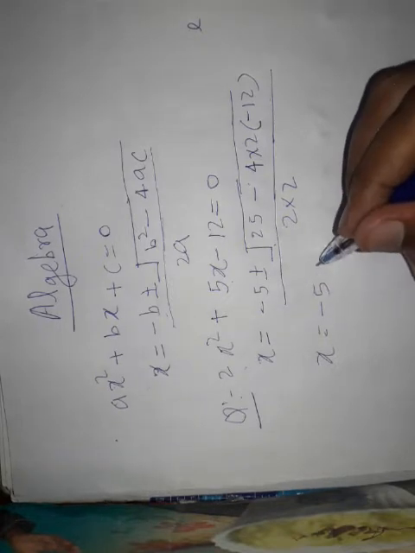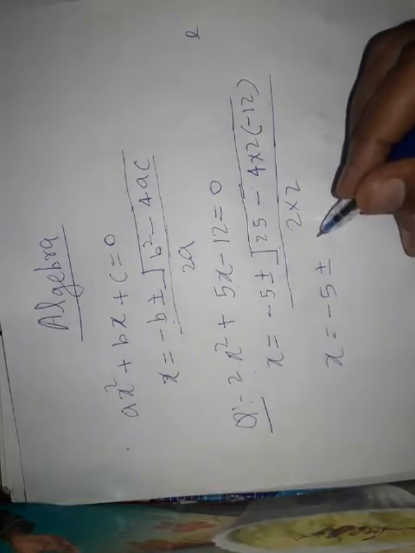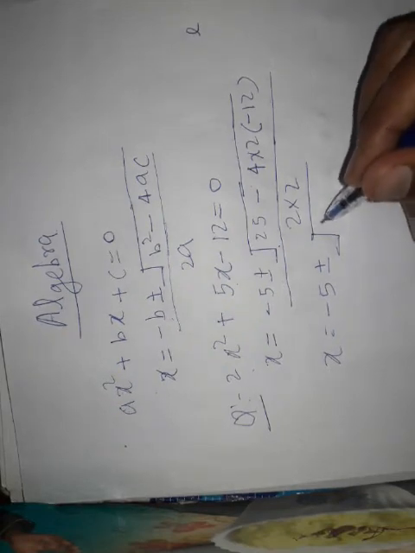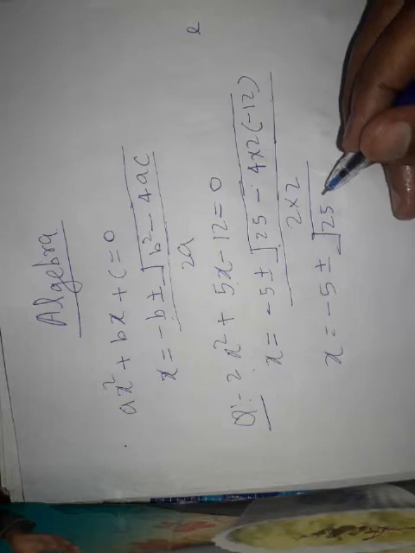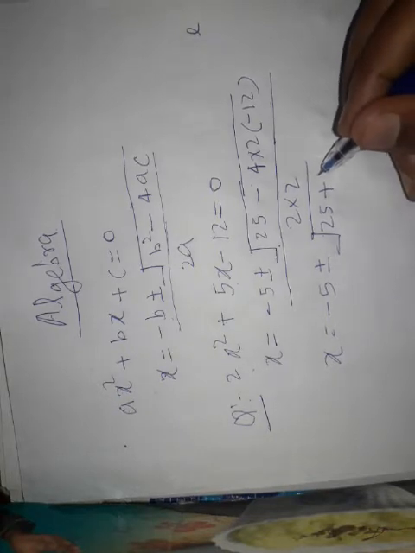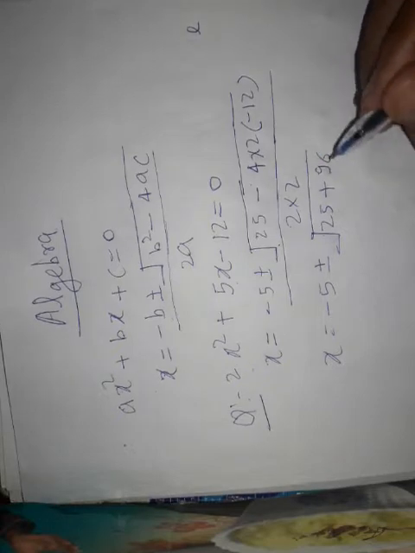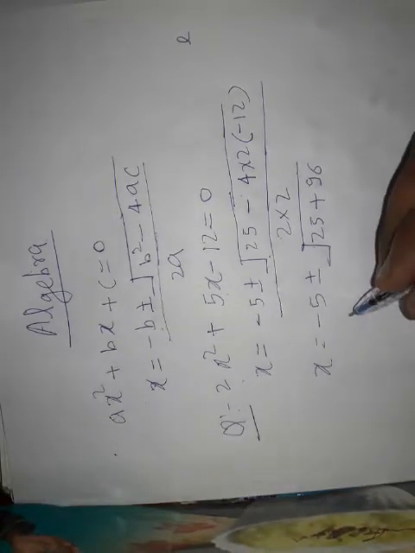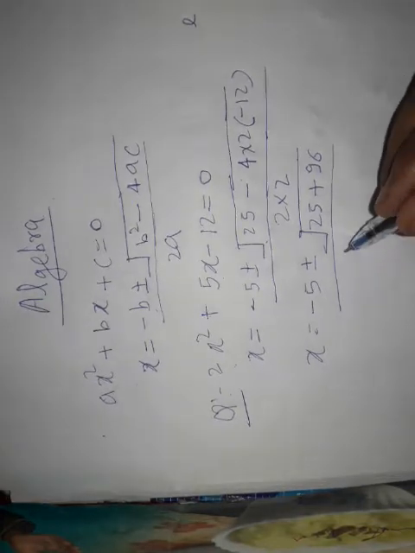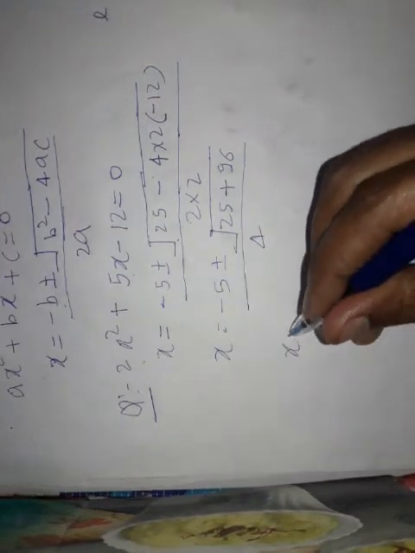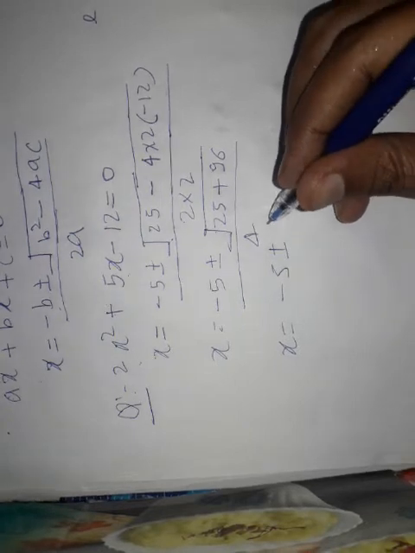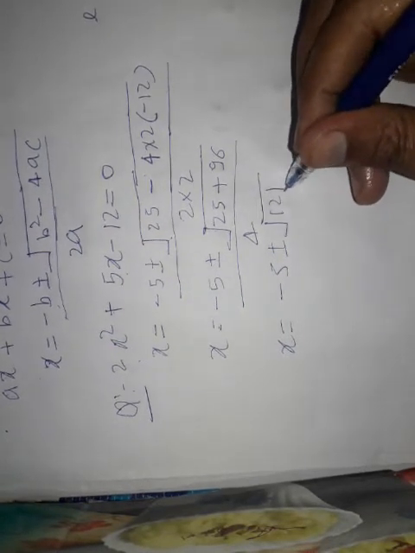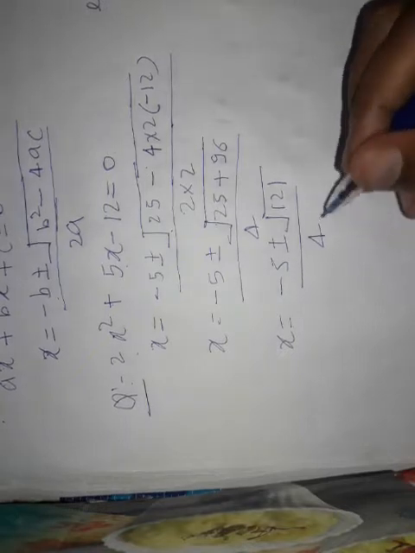x equal to minus 5 plus minus under root 25 plus 96 upon 4. x equal to minus 5 plus minus under root 121 upon 4.